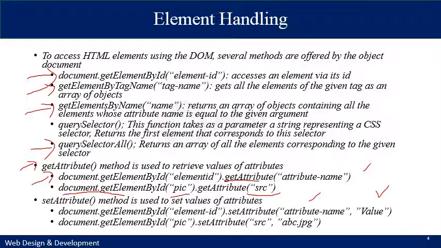For example, if you want to change the image, like in this example, to a new image, you can use document.getElementById and access the same image, and then set its attribute src to a new image called abc.jpg. So it will change the image of the image tag.